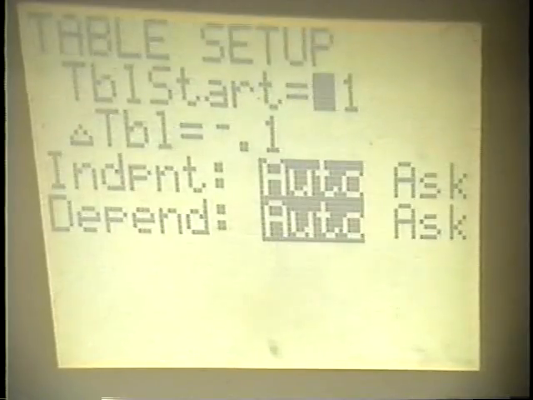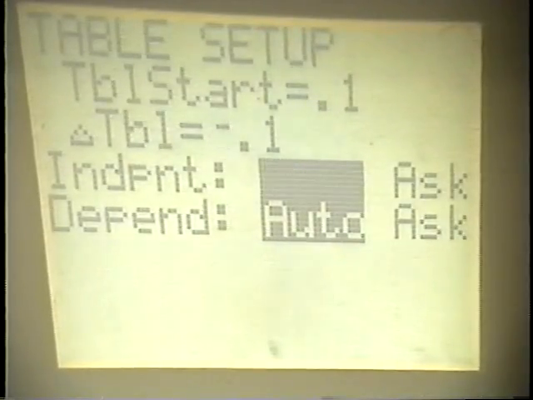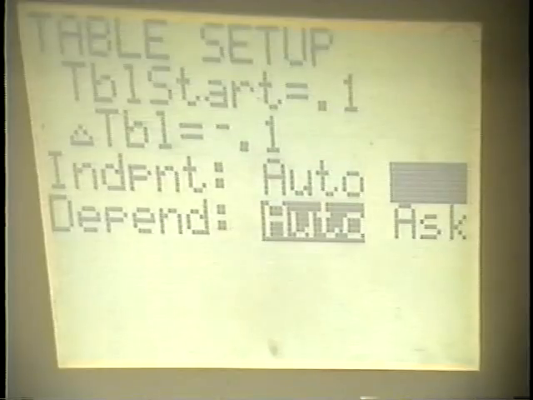Second and table set. And I would prefer to have ask. In other words, you ask me what the independent variable should be. So ask for independent and automatic for the dependent. Now hit second and the graph key to get the table. And now it will give me whatever points I feed it. For example, if I want to know if X is -3, what is Y?